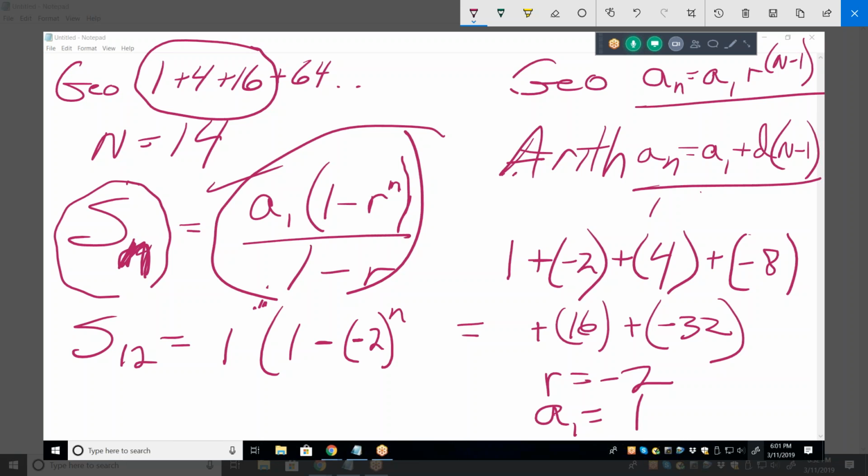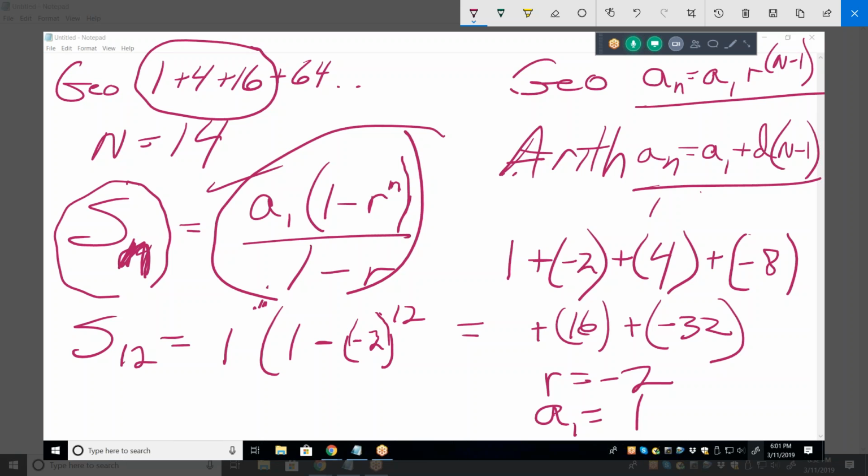So at this point, I cannot cancel out both negative signs and replace it with a positive. This negative sign is subtraction. This negative sign is part of what is being taken to the nth power. Okay? So it matters, and instead of n, that should be 12.